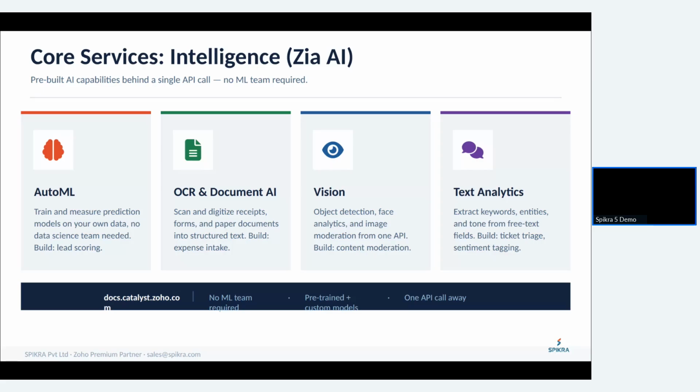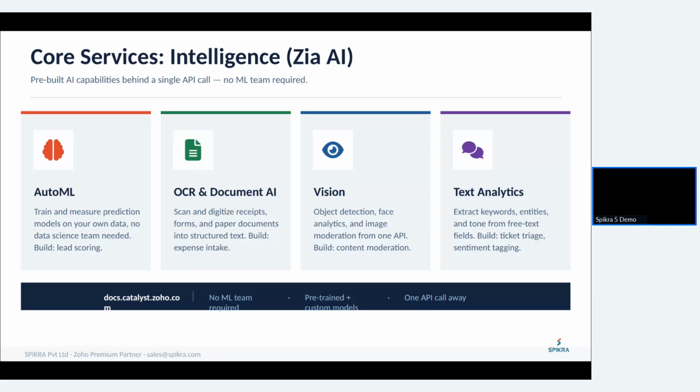Next is OCR and document AI. So this is a very simple thing. You can scan and upload your document, and it will automatically detect your scanned document. It will understand the document, and it will fill that document information into any form or something like that. Next is vision.